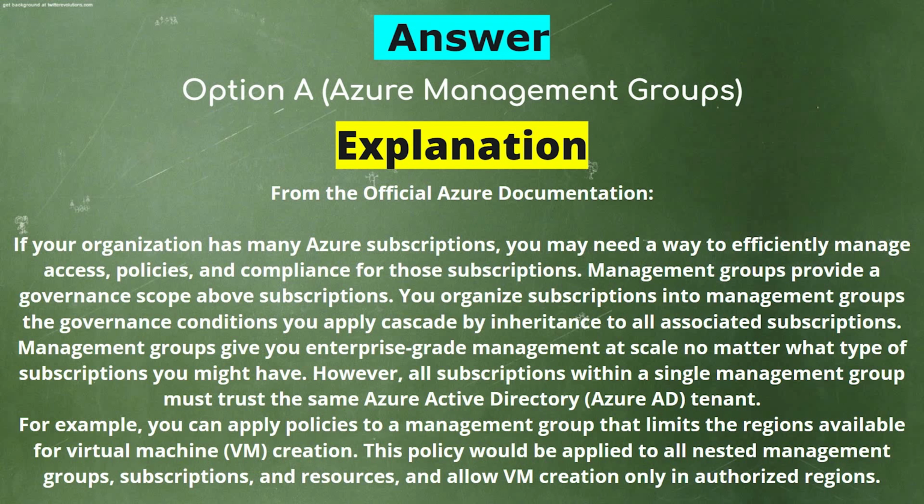Management groups give you enterprise-grade management at scale no matter what type of subscriptions you might have. However, all subscriptions within a single management group must trust the same Azure Active Directory tenant. For example, you can apply policies to a management group that limits the regions available for virtual machine creation. This policy would be applied to all nested management groups, subscriptions, and resources, and allow VM creation only in authorized regions.